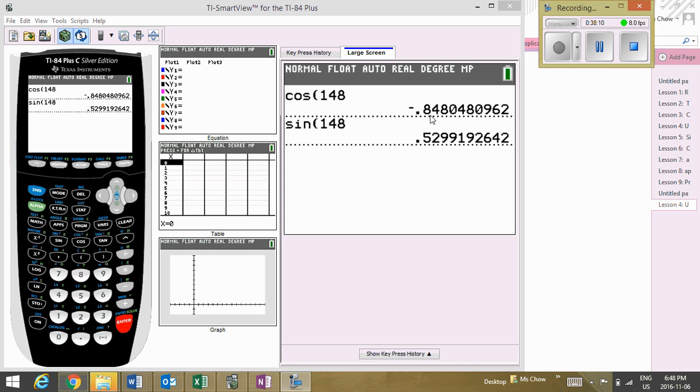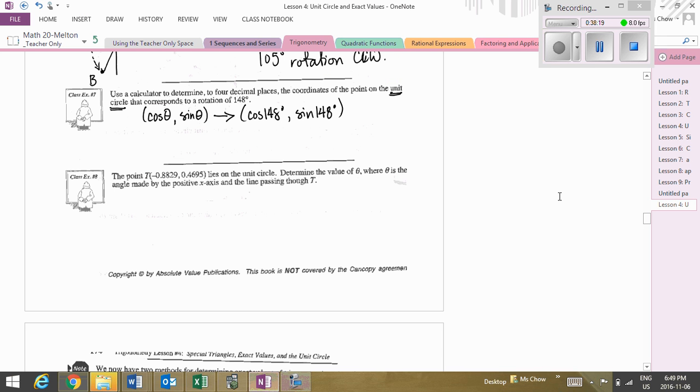So these are the values that we want to use, both rounded to the nearest 10,000th or 4 places. So let's fill that in. So then that would be -0.8480 and 0.5299.